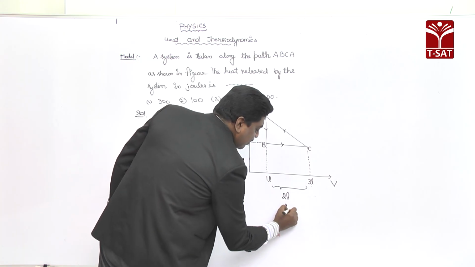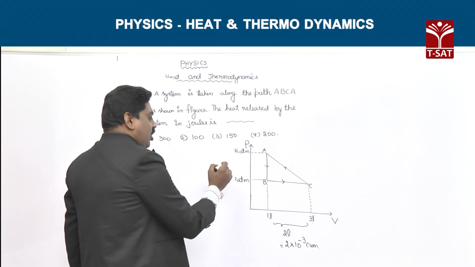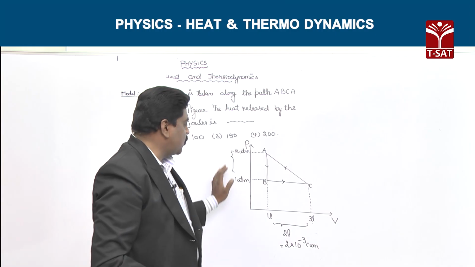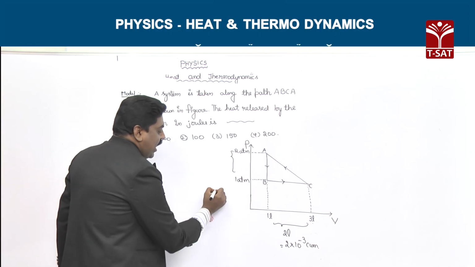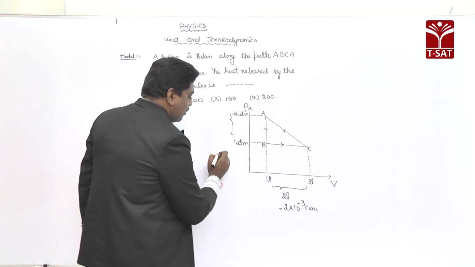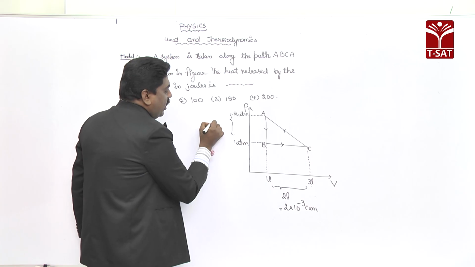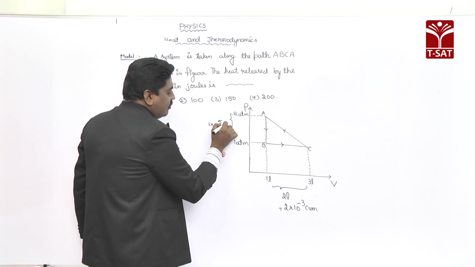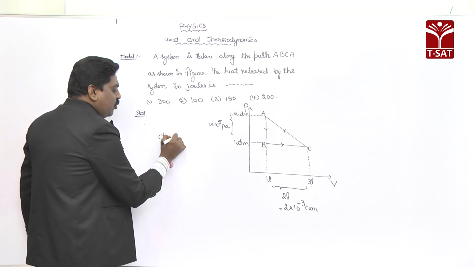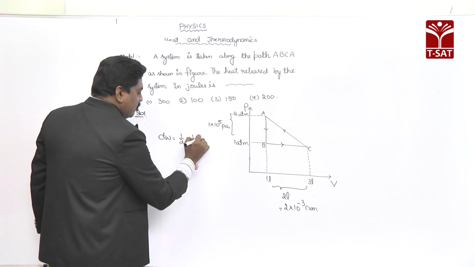So I can write this as 2 into 10 to the power of minus 3 cubic meters. And here the change in pressure is given as from 1 atmosphere to 2 atmospheres, and an atmosphere is given as 10 to the power of 5 pascals. So the change in pressure is given as 1 into 10 to the power of 5 pascals. The area under the graph dW equals to half into base into height.